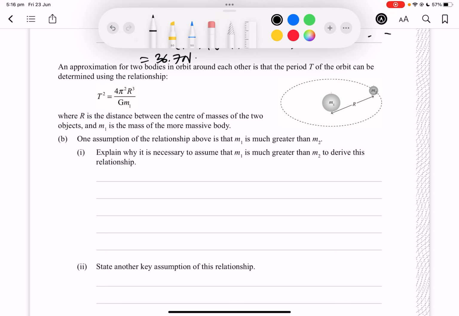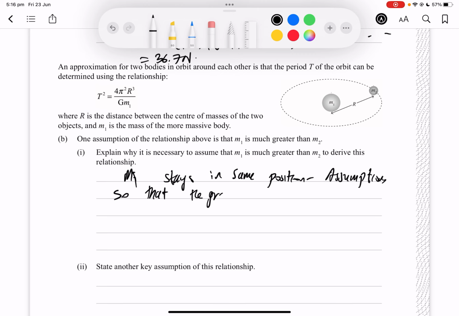So the main assumption is that M1 stays in the same position, so that the gravitational attraction force is exactly equal to the centripetal force required for circular motion.